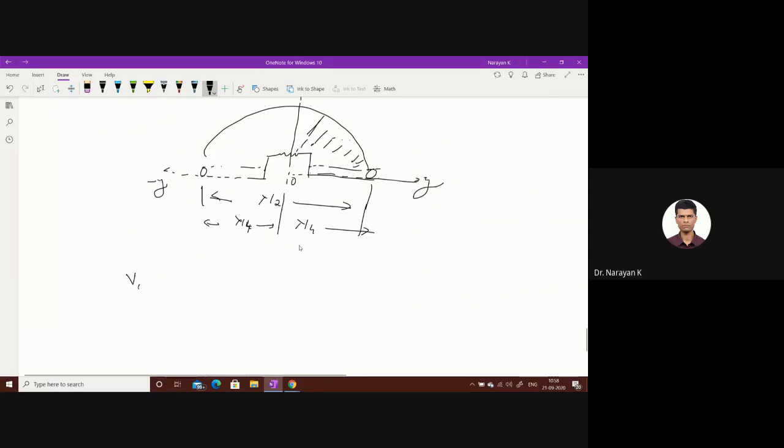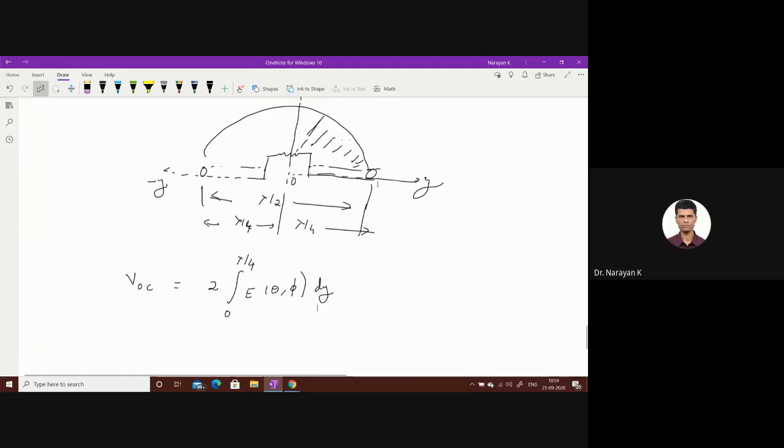So I can write your open circuit voltage VOC as 2 times integration 0 to lambda by 4 of E of theta comma phi dy. Why am I integrating 0 to lambda by 4 two times? Because you have mirror images of lambda by 4.